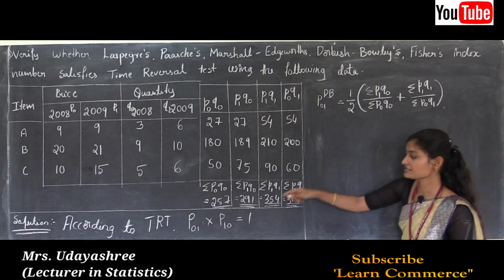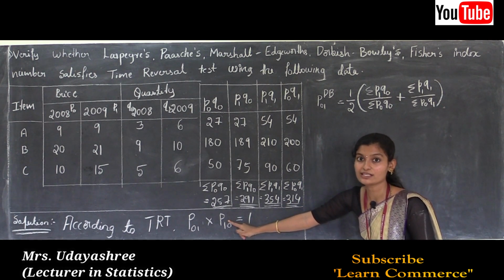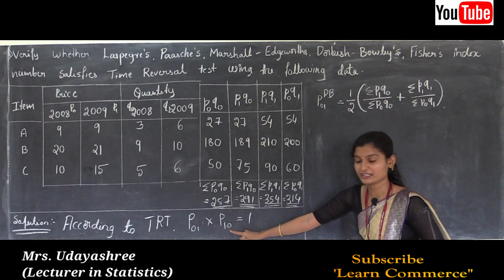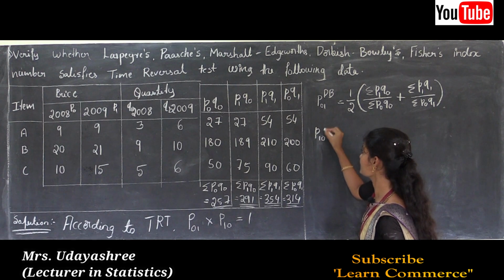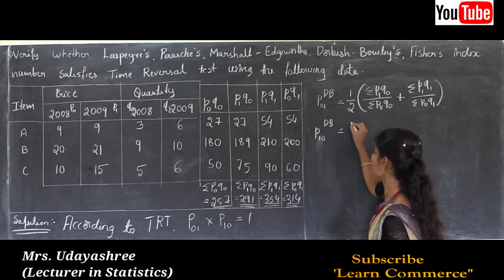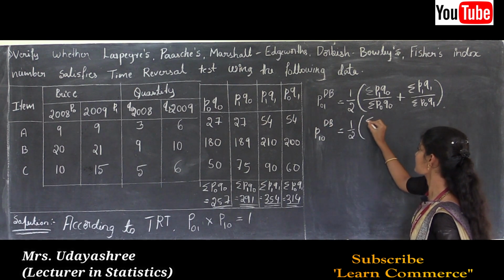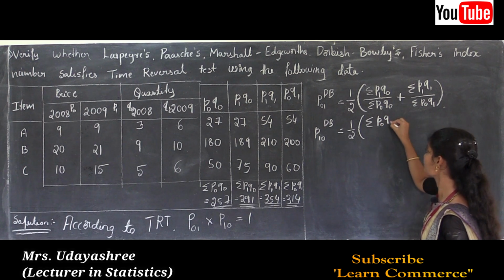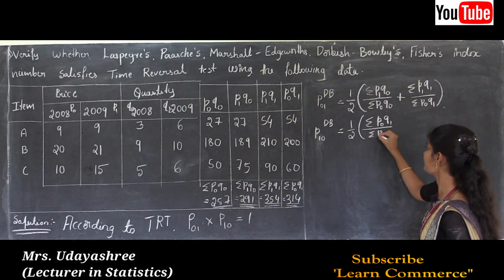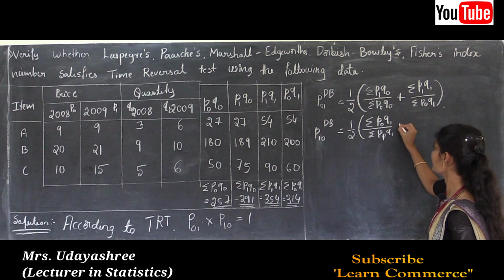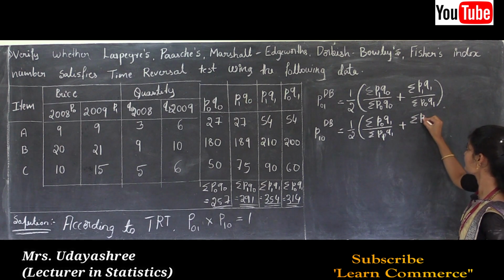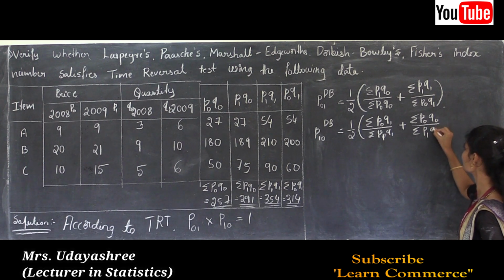Then the Drobisch-Bowley index number with time reversal, P10, is half into summation P0 Q1 divided by summation P1 Q1 plus summation P0 Q0 divided by summation P1 Q0.